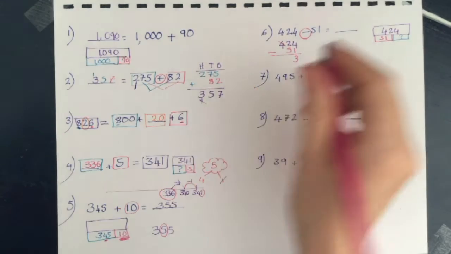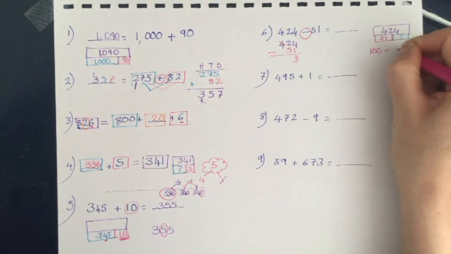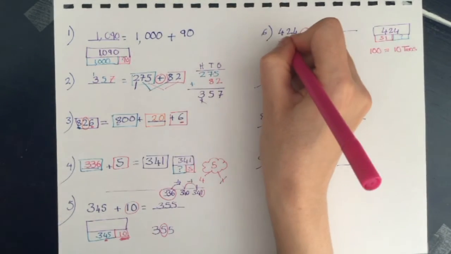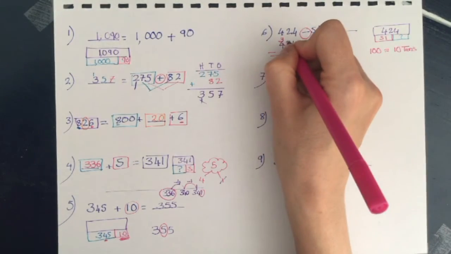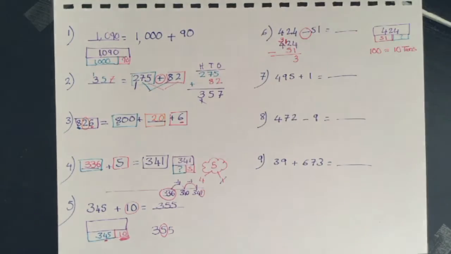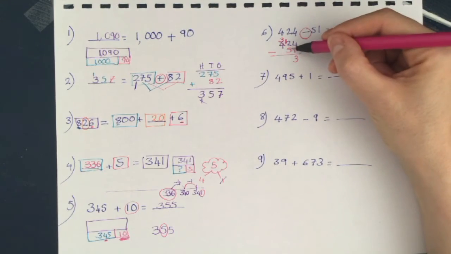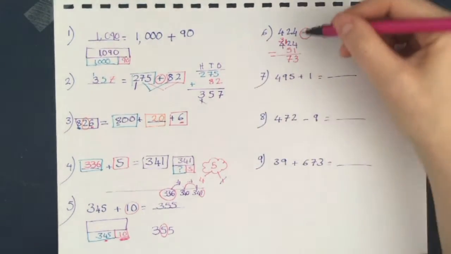Okay, we know that 100 equals 10 tens. Okay, so we take 100 away, therefore we have 300 left there, and we give 10 tens to the tens column. We have now 10 plus 2, 10 tens plus 2 tens equals 12 tens. 12 tens take away 5 equal 7 tens.